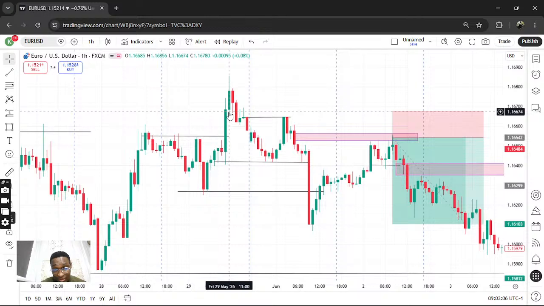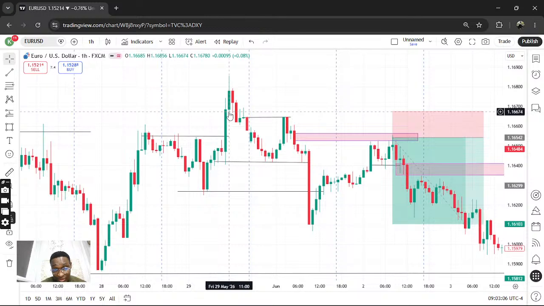And then this particular small candle that is formed here will become the next order block because it is the last bullish candle that was formed before this particular movement. So when the market traded back into it, it is a sign or it is a confirmation for you to enter another trade for bearish movement, targeting this particular level to be taken out.